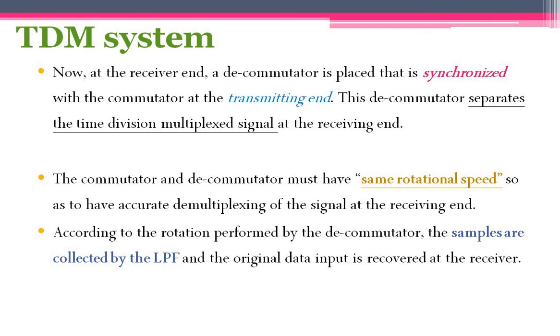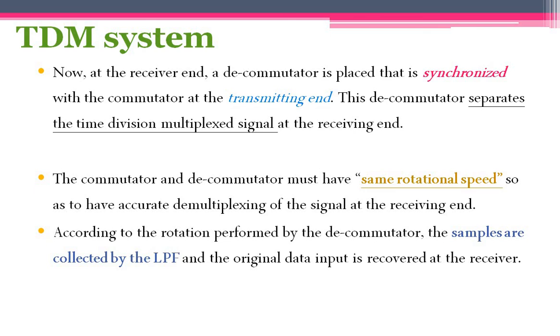That only way you will get the original message signal. According to the rotations performed by the decommutator, the samples are collected by the low pass filter, and the original message signal is recovered at the receiver side.